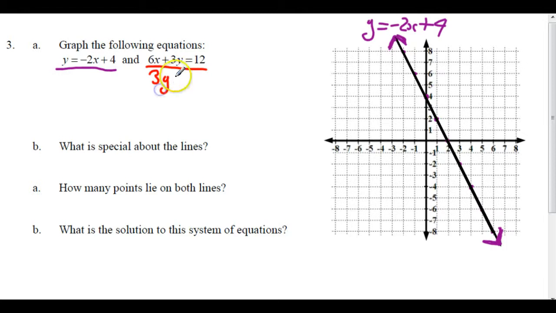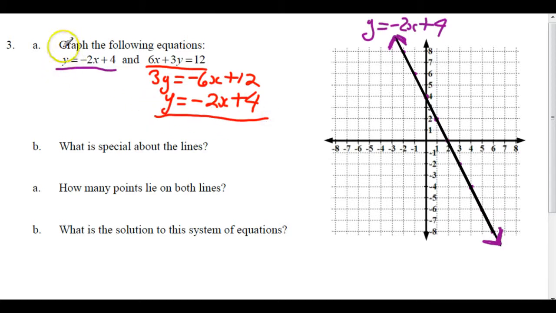Let's go 3y is equal to negative 6x plus 12. So y is negative 2x plus 4. Hey, wait a sec. That's this line. So it's the exact same line. Let's go over it in red.